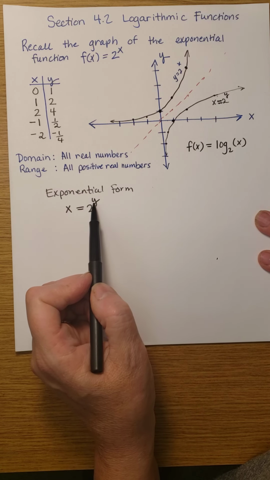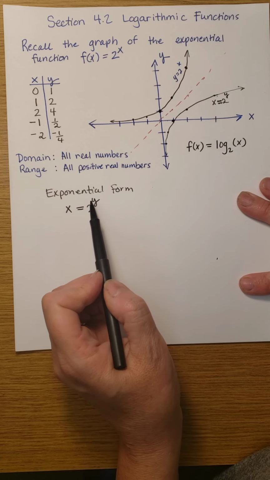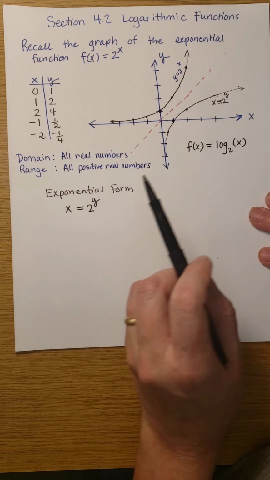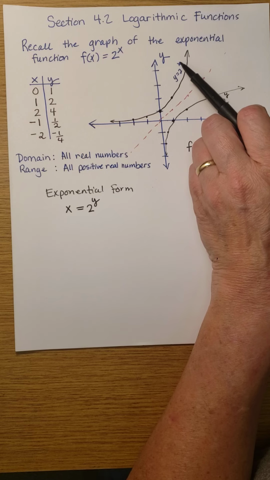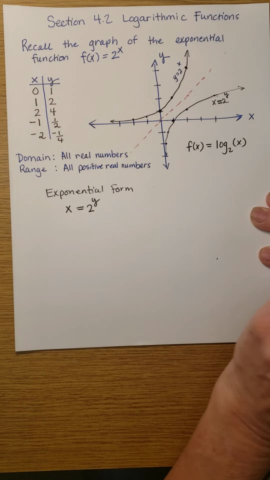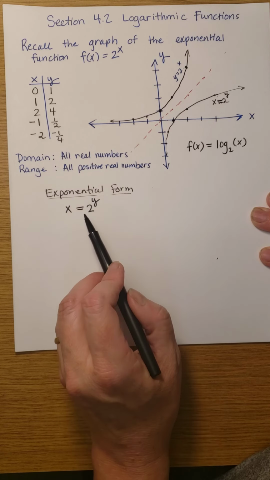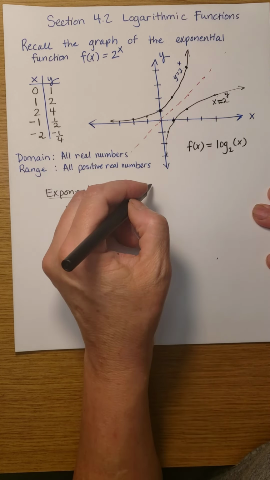The independent variable is x, and the dependent variable y is the exponent, as opposed to this function here, where the independent variable is the exponent. So this is a logarithmic function, and this is the definition, the exponential form.